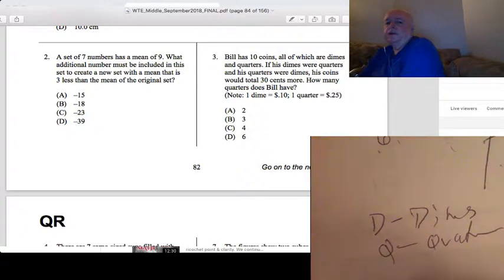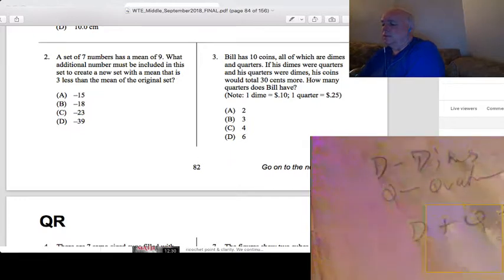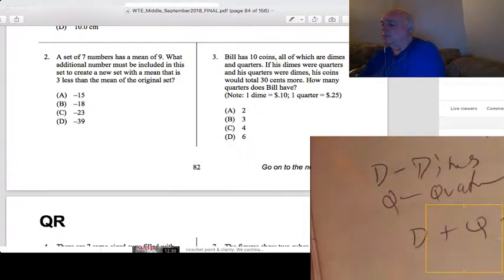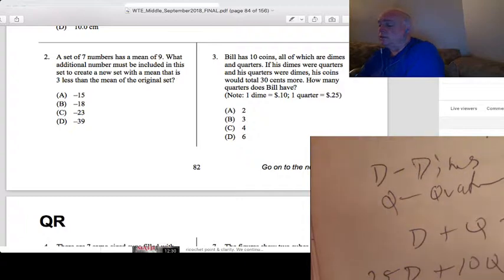And then it says if his dimes were quarters and his quarters were dimes. So if his dimes were quarters, then we have 25-cent dimes plus 10 quarters equals, and then it's going to be the normal thing and 30 cents more.